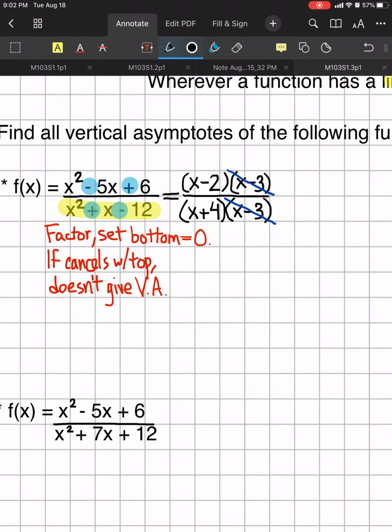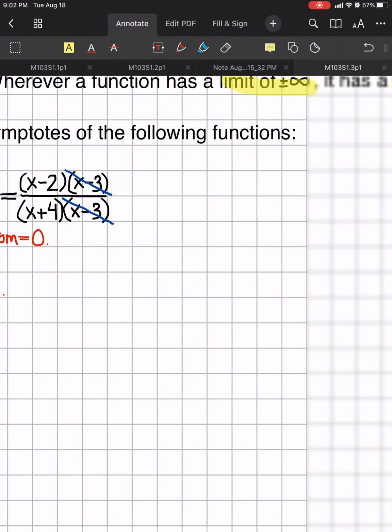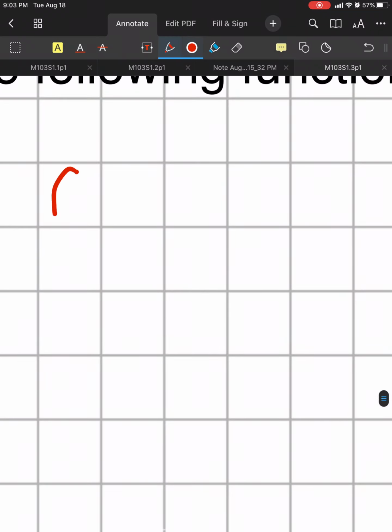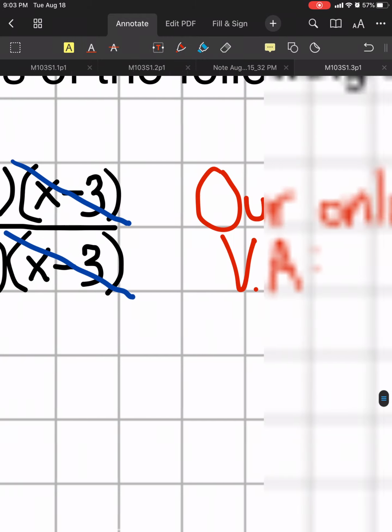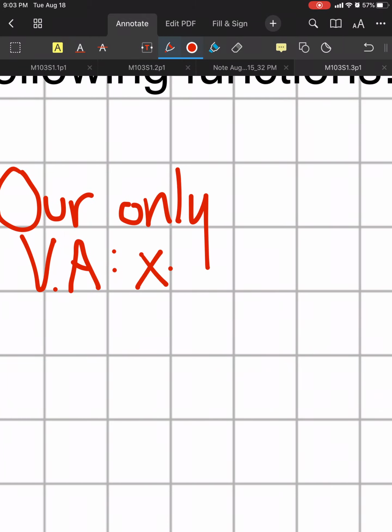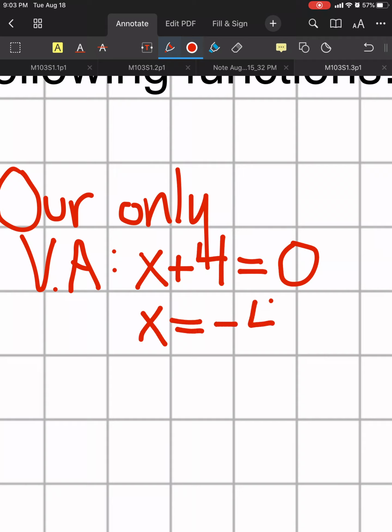So here, let me put part of this in red, our only vertical asymptote is whatever is left on the bottom that gives us 0. Well, that's x plus 4 equals 0, or if we rearrange that, x equals minus 4. That is our only vertical asymptote here.